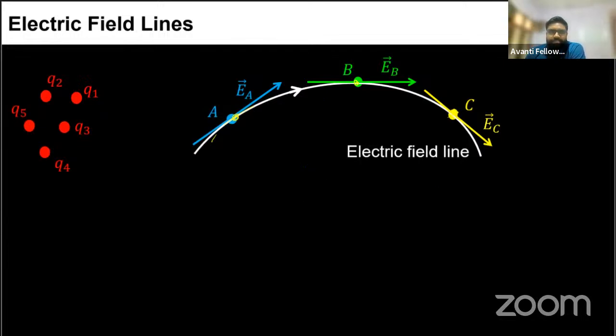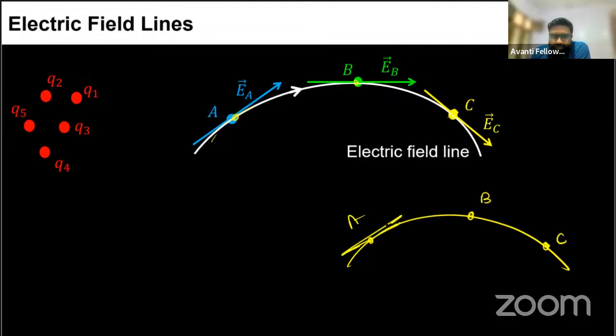Now what is the benefit? We have got a curve of electric field lines. These are the different points we have, A, B, C. So if you draw the tangent at this point, you will get to know the direction of force. So that is the application of these imaginary electric field lines.